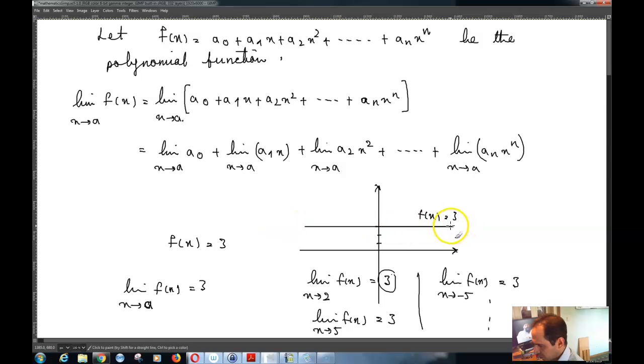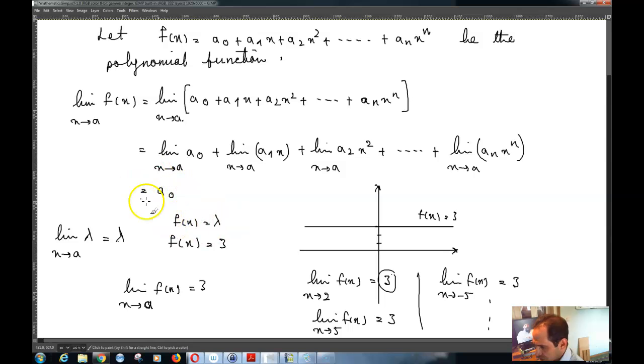And so you can say that if f of x is equal to lambda, the limit of lambda as x tends to a is going to be equal to lambda, and so therefore I can write the limit of a of 0 as x tends to a is equal to a of 0.